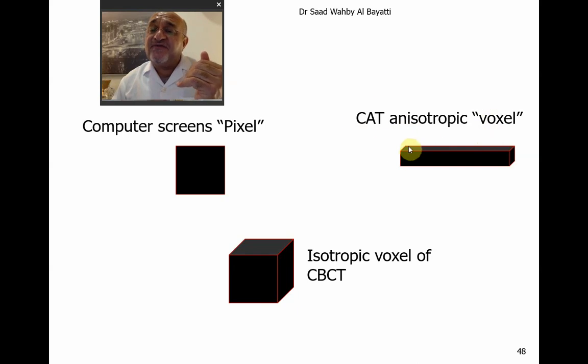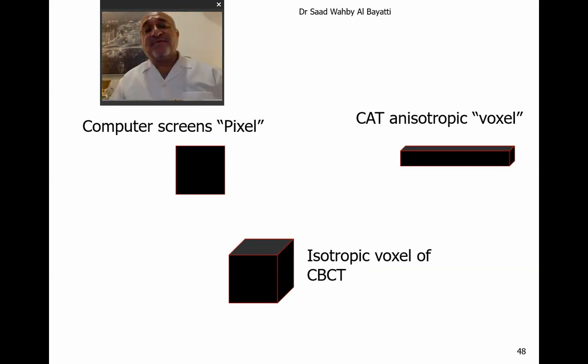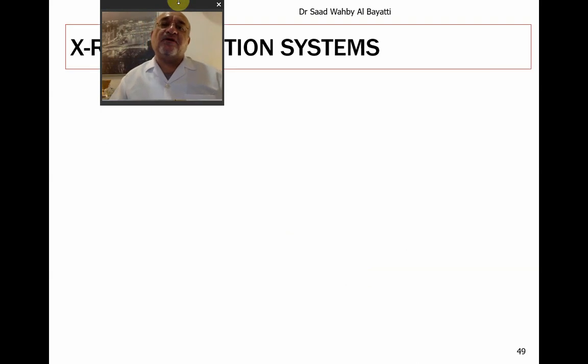The CAT scanners' voxels are not identical in their sizes, so they are called anisotropic voxels. While in the CBCT scanners, the voxels are isotropic, so the images are captured directly in 3D. Okay.